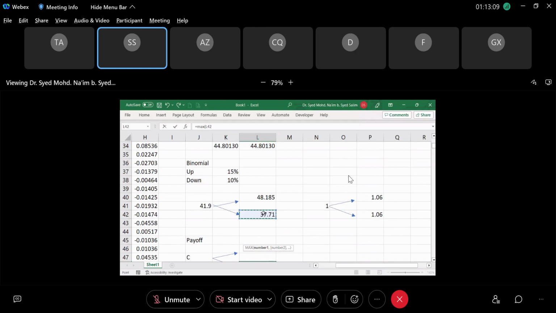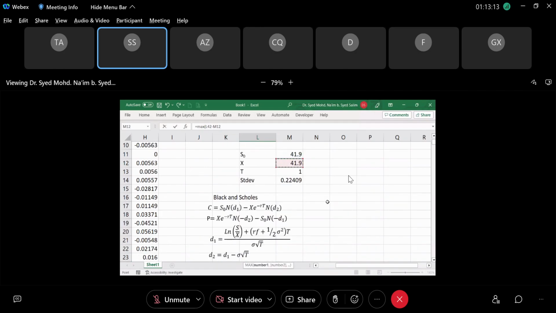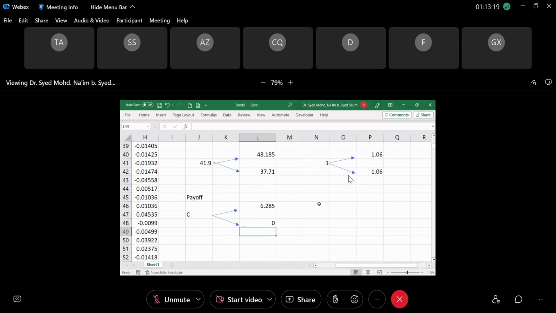Price, strike price was 0. So we know that for call option, that's the payoff. Let's call it payoff.